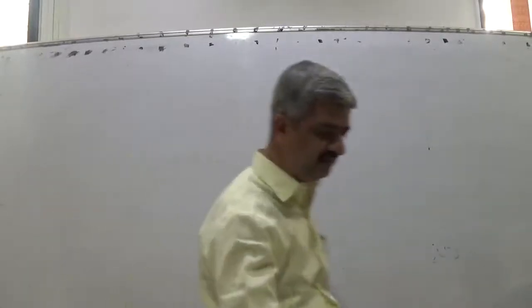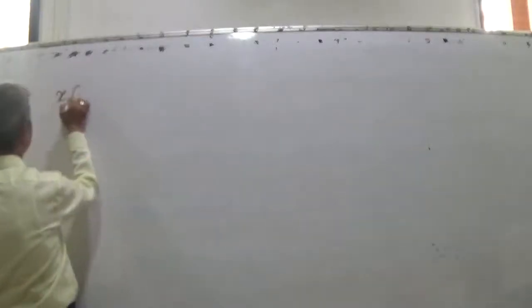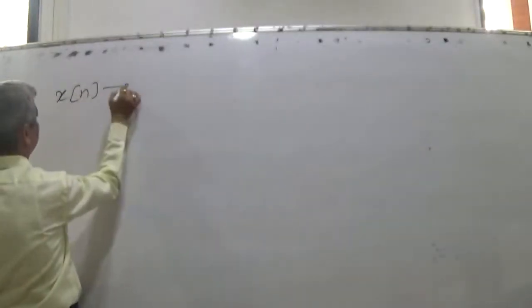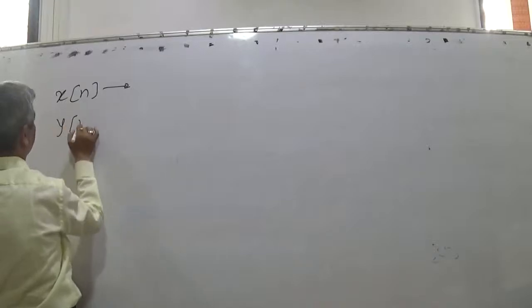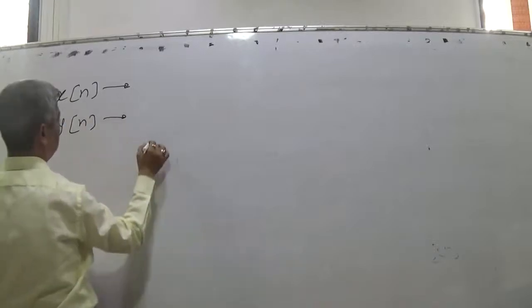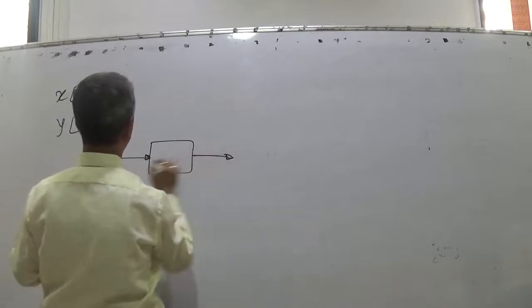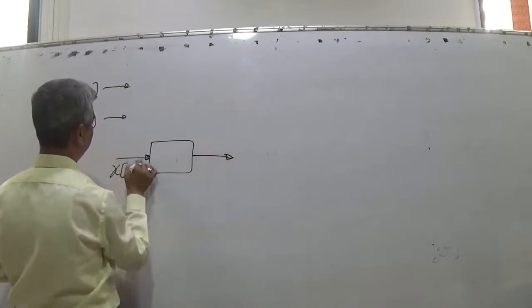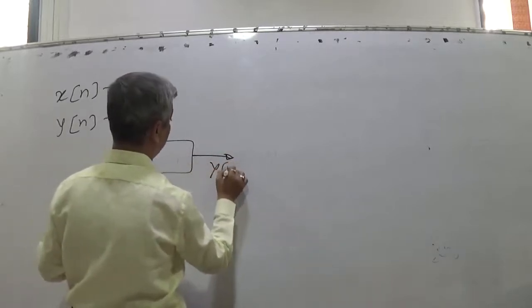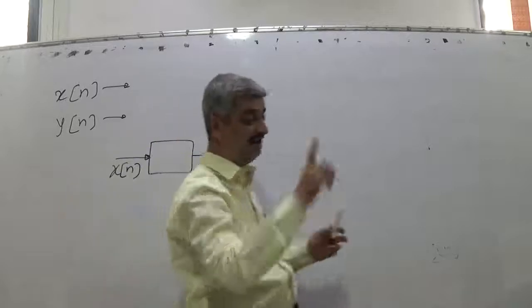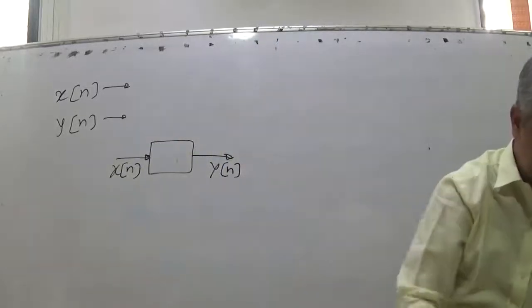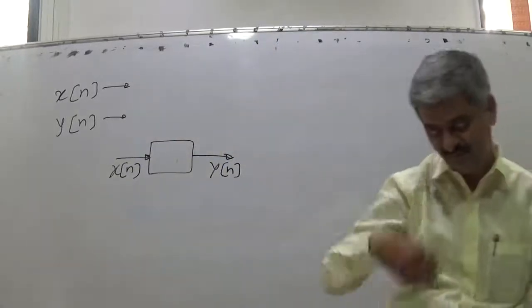As very clearly informed, we have an input sequence x[n] and an output sequence y[n]. x[n] is given to a system and y[n] is obtained.